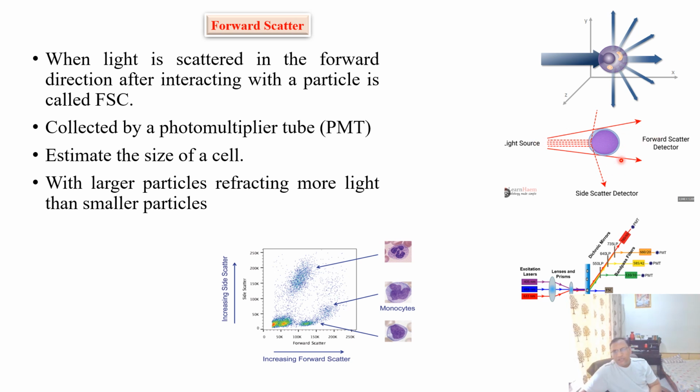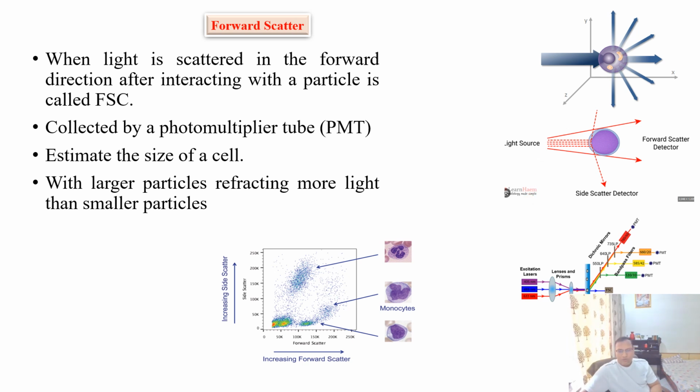It measures the size of the cells. Suppose the cell size is small, then the length between the two forward scattered lights will be short, which means it is short light. This is a very good example of our blood cells, white blood cells, in which we can detect the different sizes of the blood cells with the help of the flow cytometer.